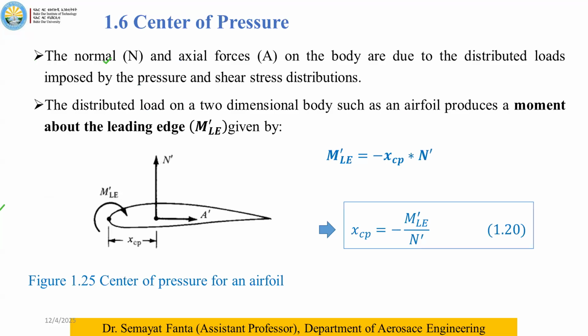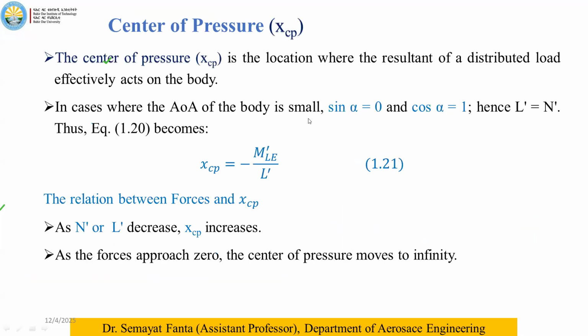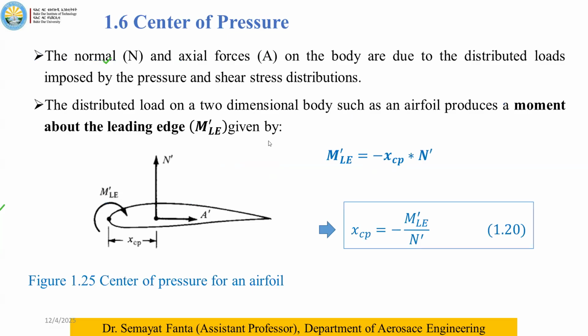Then let me come to the center of pressure. As I discussed earlier, the center of pressure is a location where the resultant of the distributed load effectively acts on the body. That is the point where the resultant force acts.